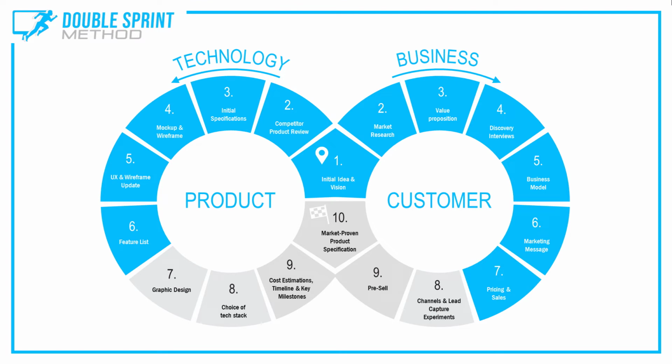Step number 7, pricing and sales. When you have a clear marketing message, when customers understand your solution, what it does, what value it delivers, it's about time to set the right pricing model. And it's not only about the price, there is even a saying, it's not about what you charge, but how you charge.